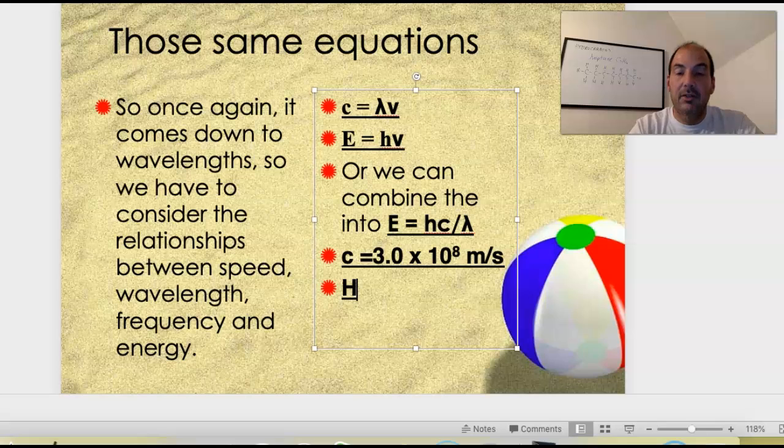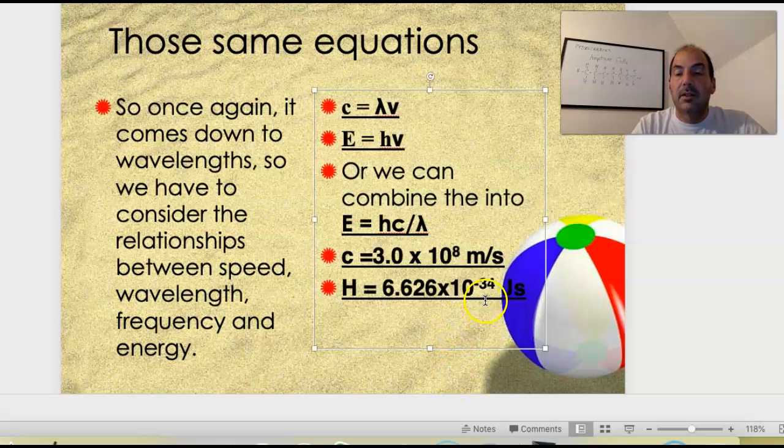And h, Planck's constant, is 6.626 times 10 to the negative 34th joule seconds.